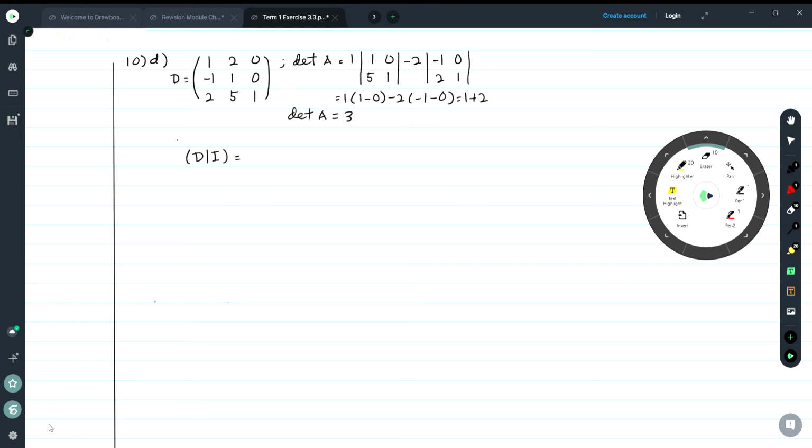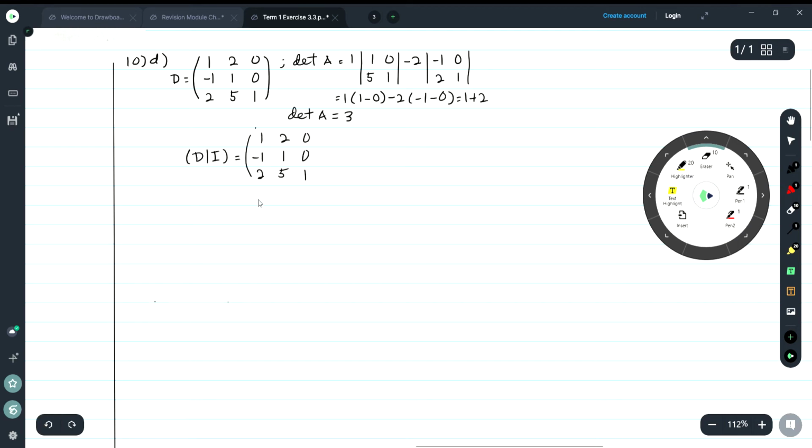Okay, next we start by writing the augmented matrix. On the left hand side is matrix D. Next we draw a vertical line, and then on the right hand side is the matrix I, the identity matrix.